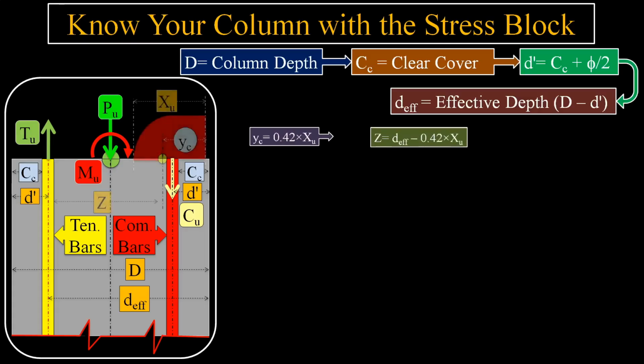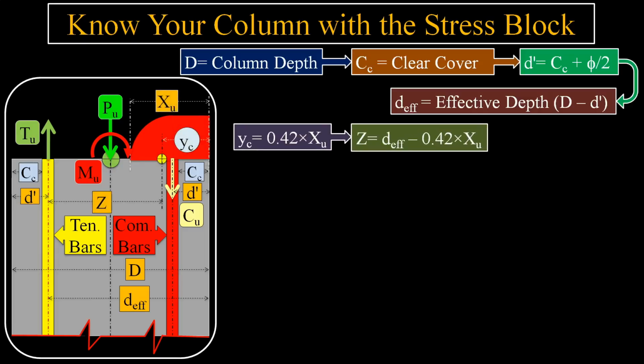Now we are going to reveal our stress block. Most critically, Xu is the depth of the neutral axis of the stress block, which separates the compression zone from the tension zone, developed due to Mu. The resultant compressive force, Cu, acts at a distance Yc, which is 0.42 times Xu, from the extreme compression fiber.